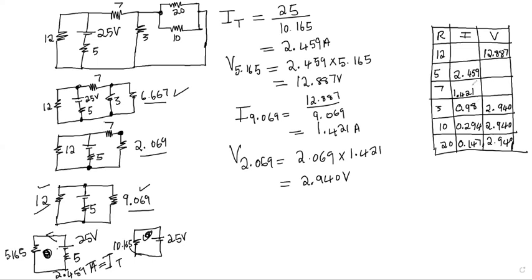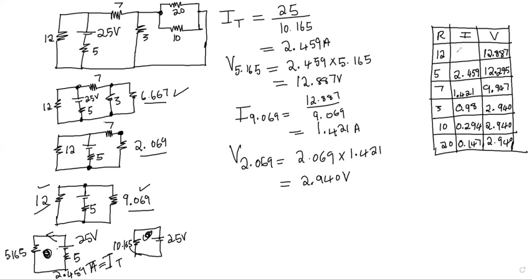Then now the voltage is 1.421 times 7. The voltage across 7 ohm is 9.947. The voltage across 5 ohm is 5 times 2.459, which is 12.295. 12 divided by 12.